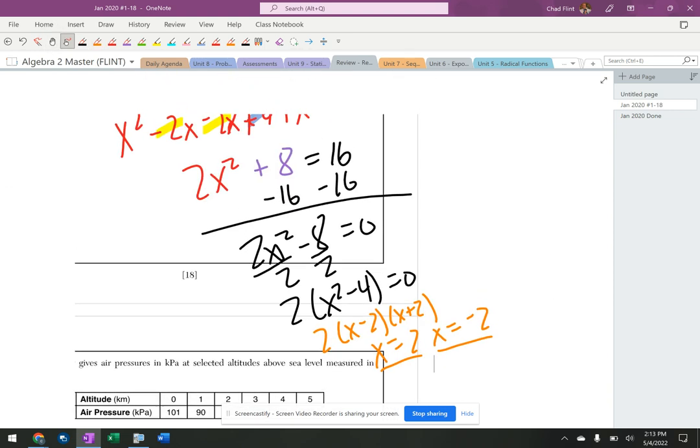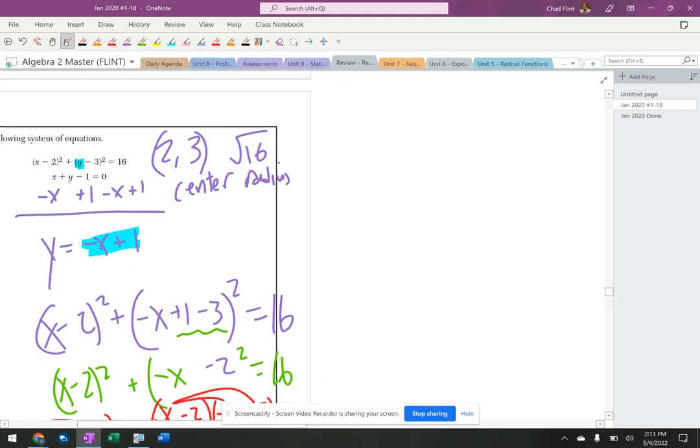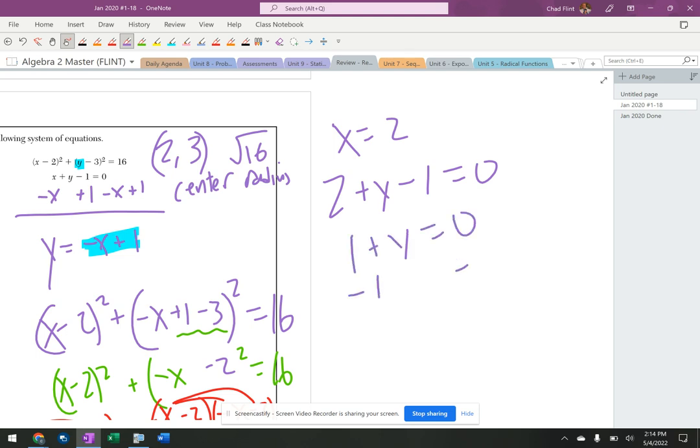Now it wants solutions, so I have to plug those back in up here. That would be 2 plus y minus 1 equals 0. That is 1 plus y equals 0, which is y equals negative 1.